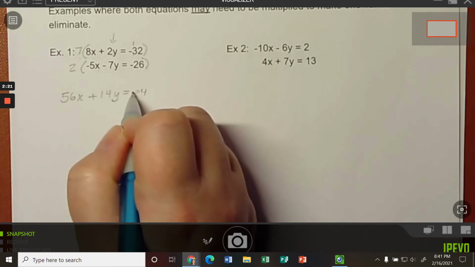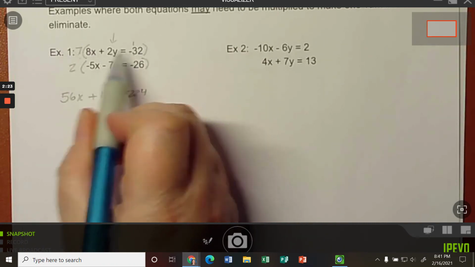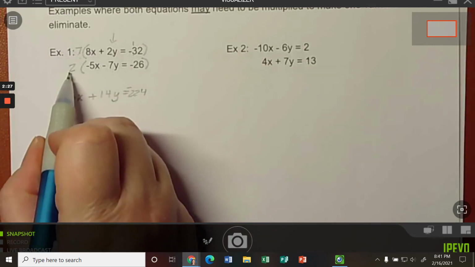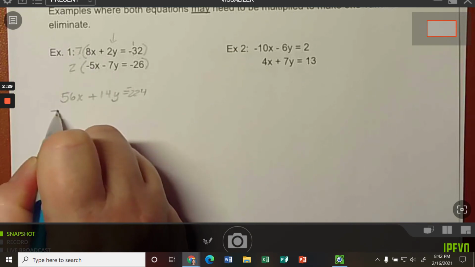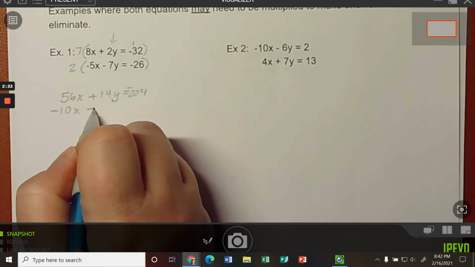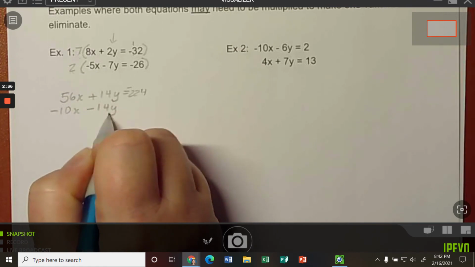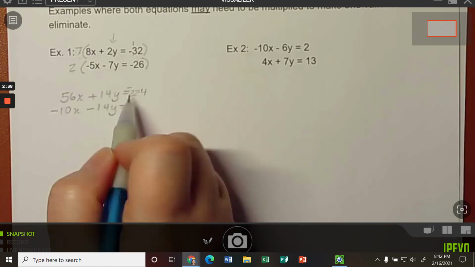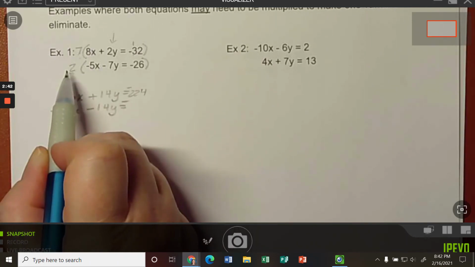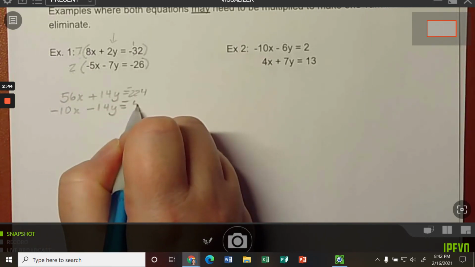So 224, and that was a negative times a positive, so it's negative 224. And then I have 2 times negative 5x, that gives me negative 10x. 2 times negative 7y gives me minus 14y. And then this will be negative as well, because a positive times a negative. 2 times 26 is 52.